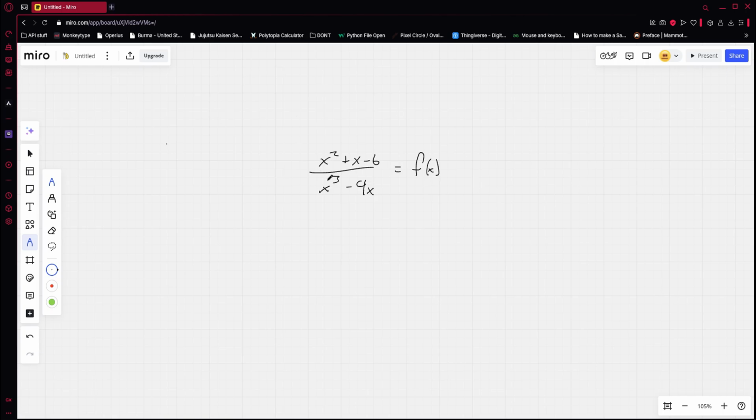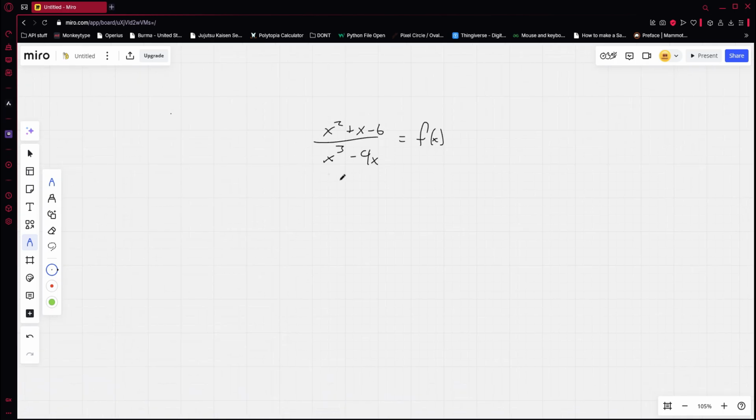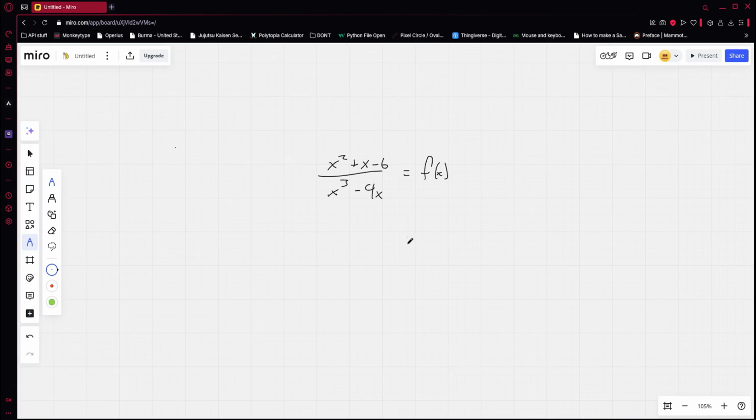So first thing we're going to start out with is holes and vertical asymptotes. If we look at this equation, it's asking us to give the vertical asymptote and the holes, if there are any. So obviously our first objective here is to factor.